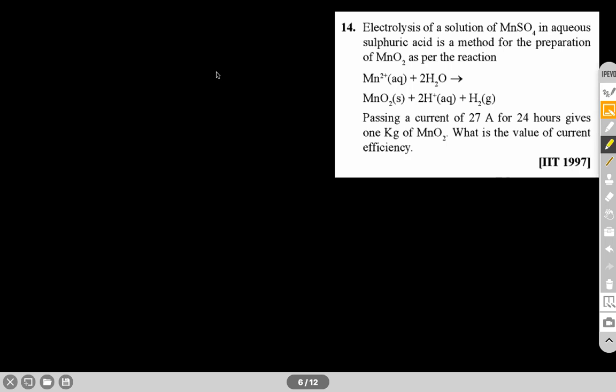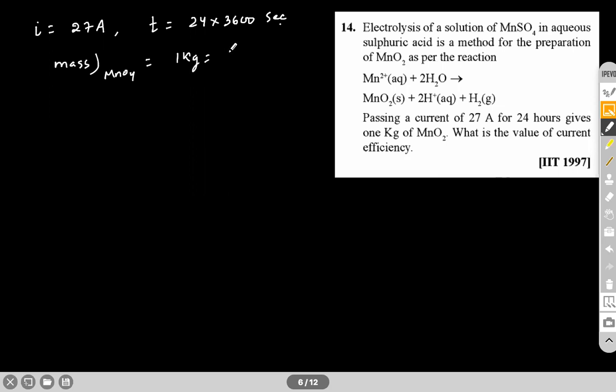Passing a current of 27 ampere. Okay. So I is given, 27 ampere. T is 24 into 3600 seconds, right? Mass of MnO2 is 1 kg, means mass is 1000 gram.